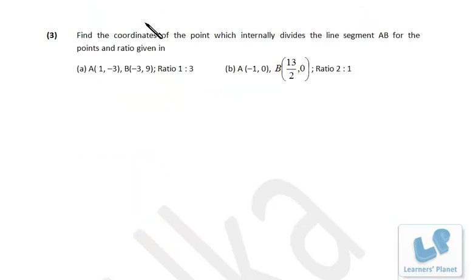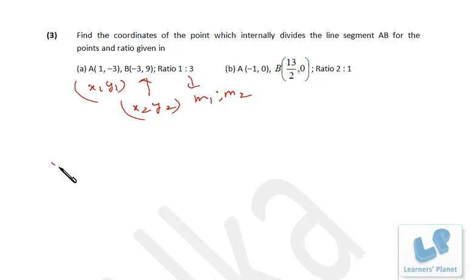Now find the coordinates of the point which internally divides the line segment AB for the points and ratio given in. Now this is x1, y1, this is x2, y2, and this is m1 is to m2, right? Now we have to find out the coordinates of a point that divides the line joining x1, y1 and x2, y2 in the ratio 1 is to 3.